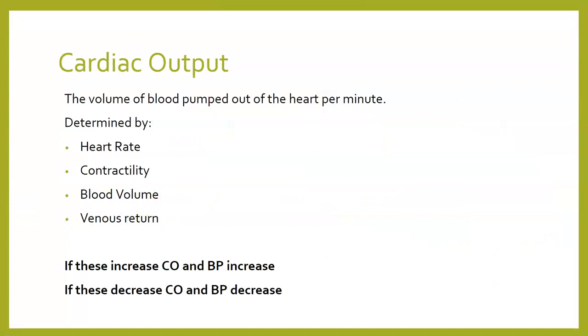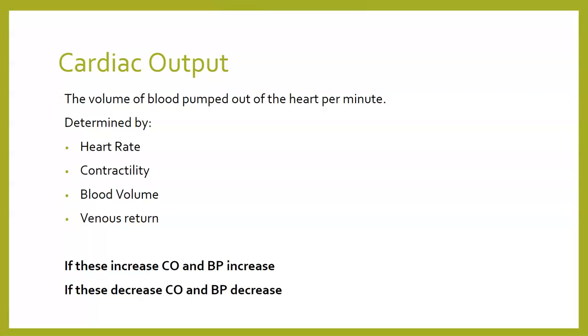Okay, so cardiac output, the volume of blood pumped out of the heart per minute, like we said. Now this is determined by heart rate, contractility, so the heart is a muscle, and as it contracts, it's pushing out the blood. If it is not contracting appropriately, you're not going to be able to push as much blood out.